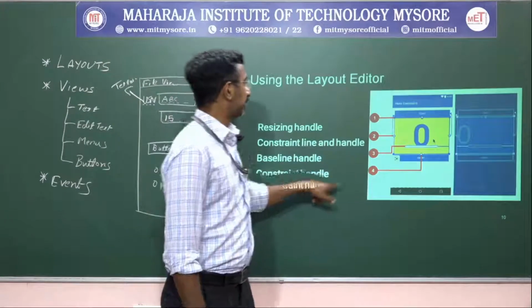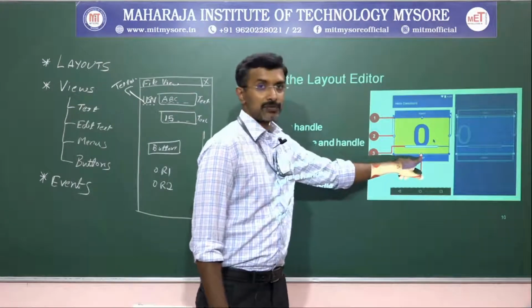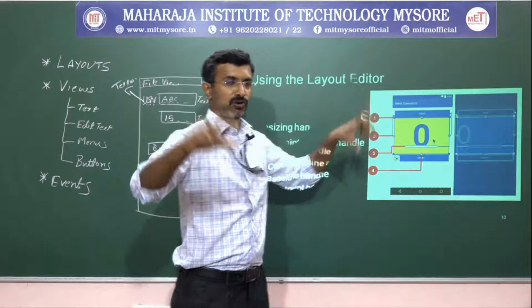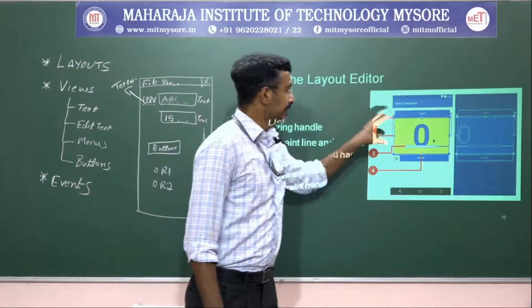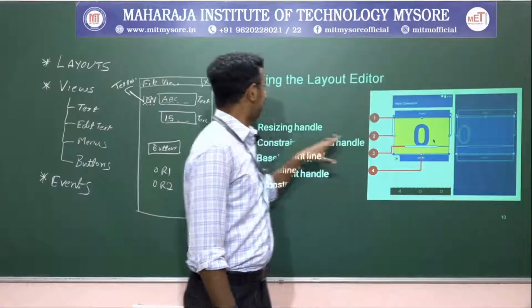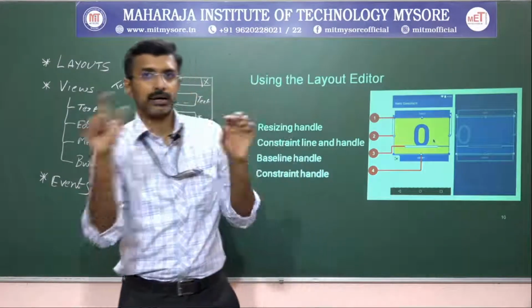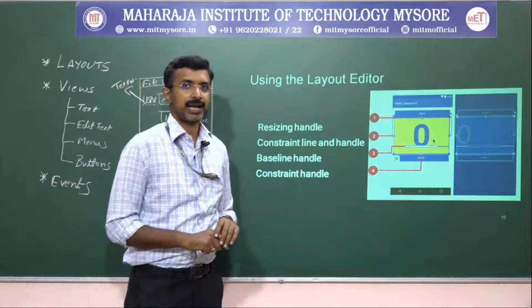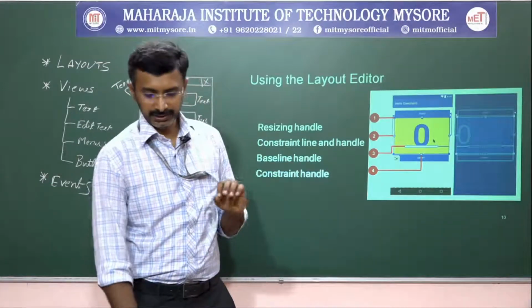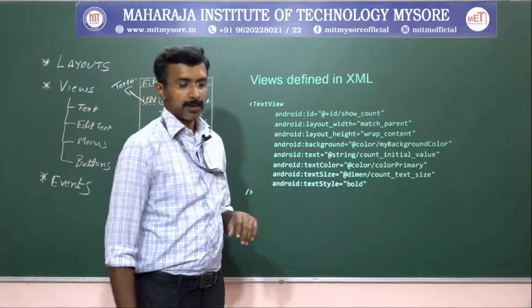And this is your constraint handle, which we have used, dragging on all four corners. So a view consists of all these handles, which you can use to manipulate or bring out the constraints and many other aspects.